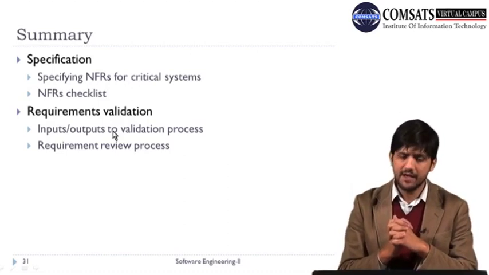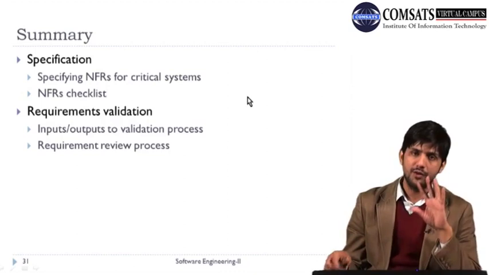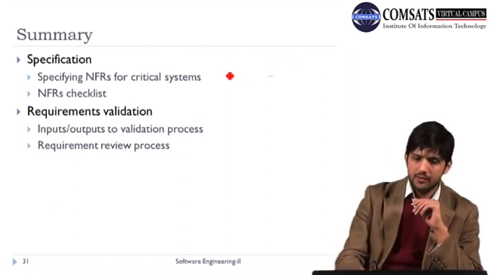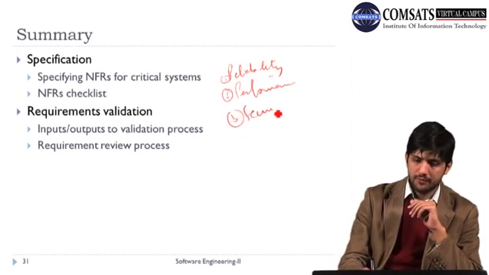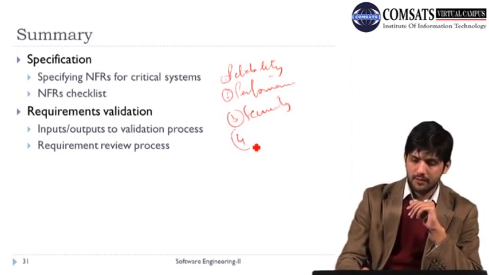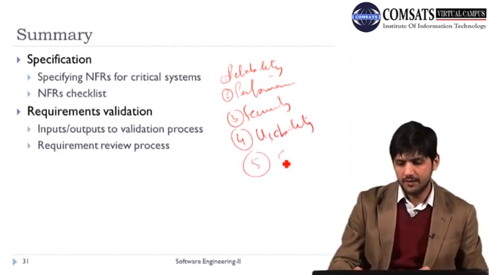We said that there are 5 key non-functional constraints we need to worry about for critical systems, and they include reliability, performance, security, usability, and finally safety.